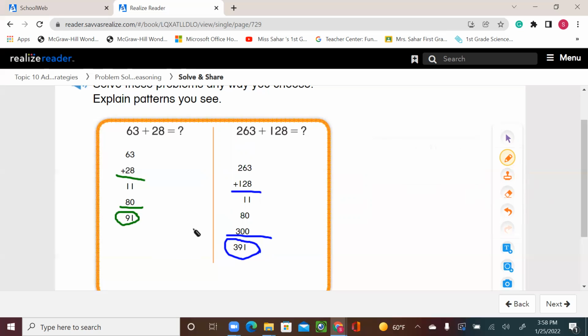So we can see that when we started with 63 plus 28, we can add up tens and ones. And over here, we have 263 plus 128. We started with that. We added the hundreds, the tens, and the ones. So we added the same tens and ones in both problems.